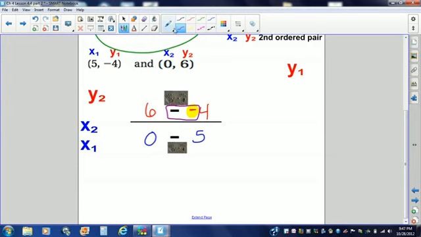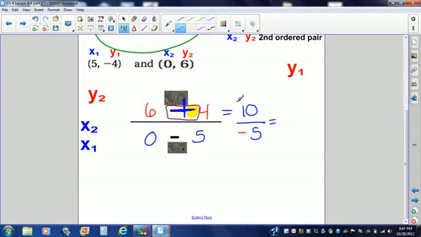Anytime that I have 2 negatives in a row, correct, young grasshopper, it turns into a positive. So this is going to become 6 plus 4, which is going to give me 10. 0 minus 5 is going to give me negative 5.